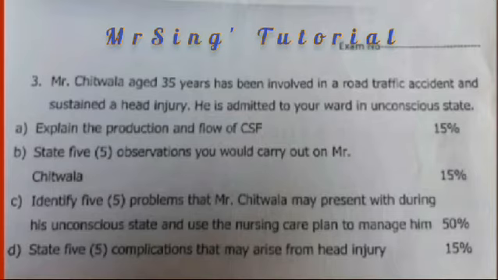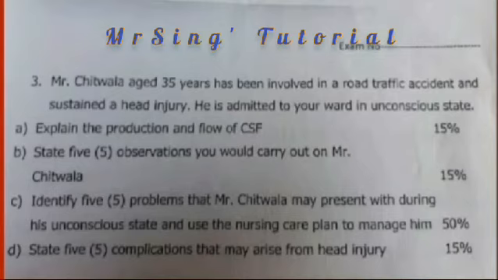So when the ependymal cells in the choroid plexuses produce the cerebrospinal fluid, it flows into the lateral ventricles. We know that for the lateral ventricles, we have the one on the right and the other one on the left. From the lateral ventricles, it flows into the third ventricle through the foramen of Monro.